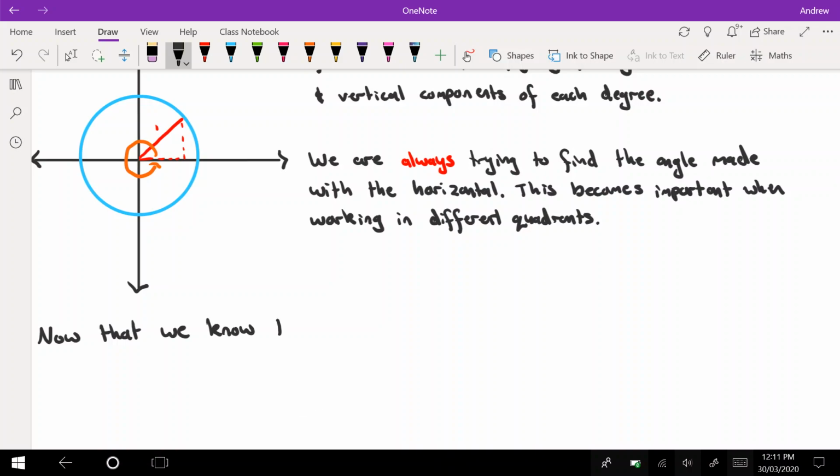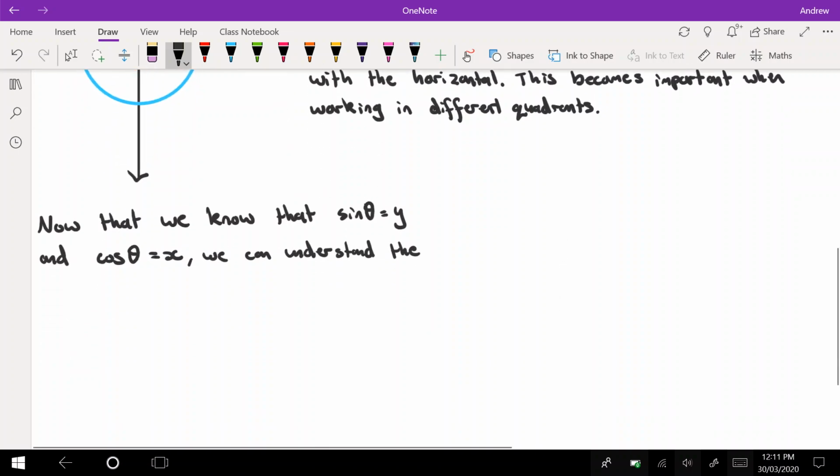Now that we know that sine theta equals y and cos theta equals x, we can understand the values of sine and cosine in our quadrants.